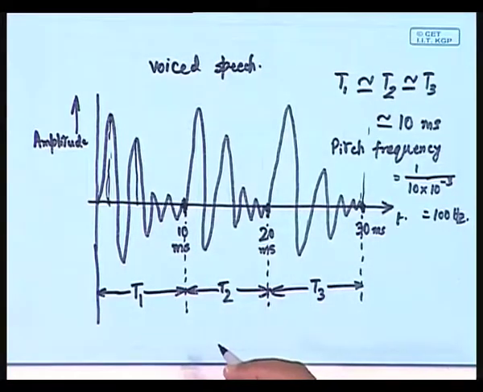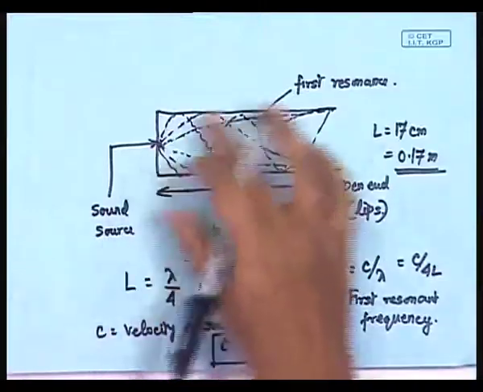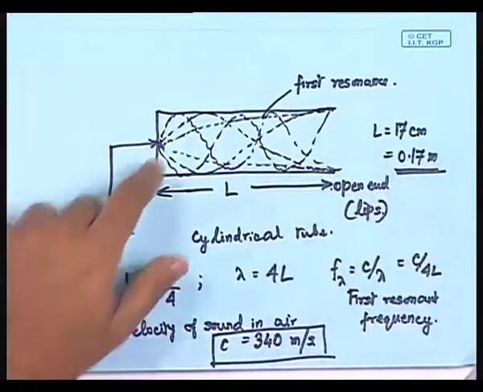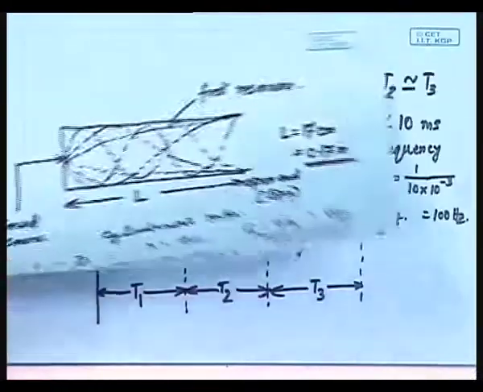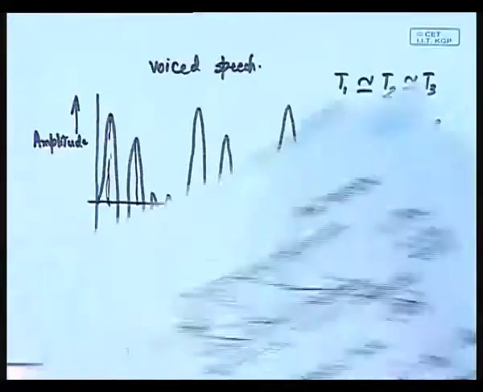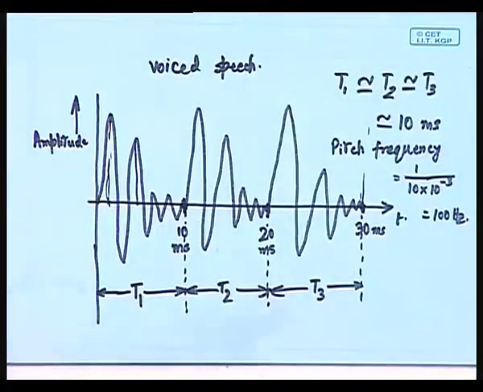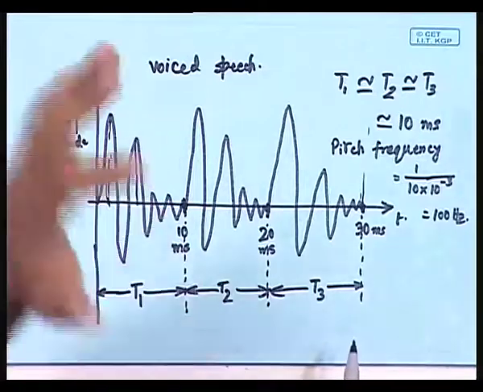So 1/5 of the time period T1 corresponds to something like 2 milliseconds, and 2 milliseconds corresponds to 500 hertz. And why 500 hertz? Again the answer lies over here: 500 hertz is the first formant frequency that we have considered, which, as I told you, varies.